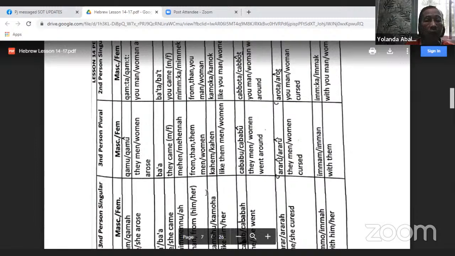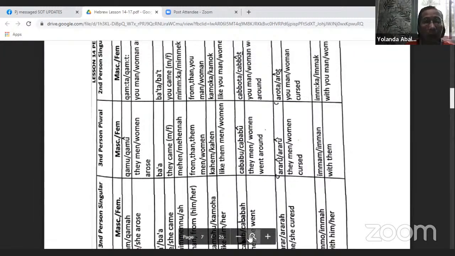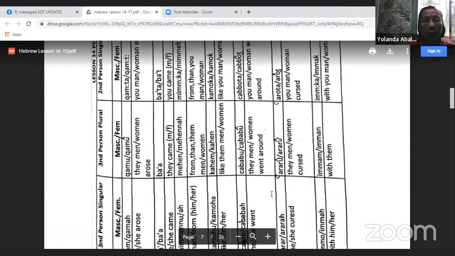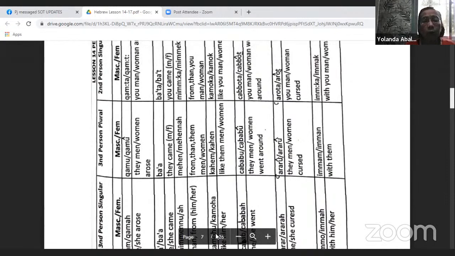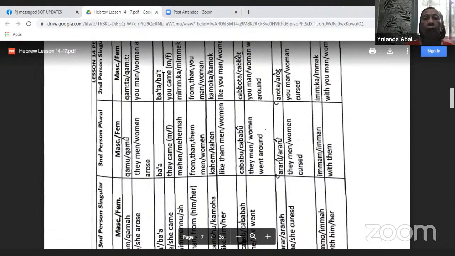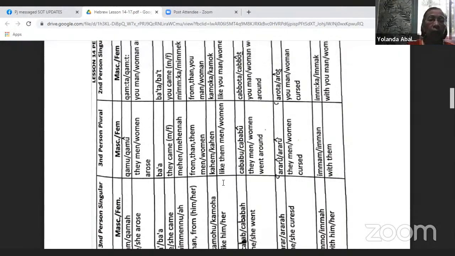Paano i-revolve ito? Reset the Zoom eh. Pedro, sabi mo nandyan ka. So how do you revolve this? Kasi kinuha mo siya. Dapat in-snapshot mo siya ng tama.